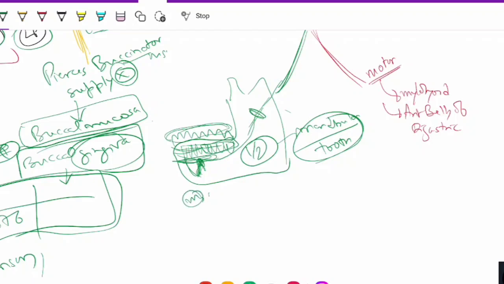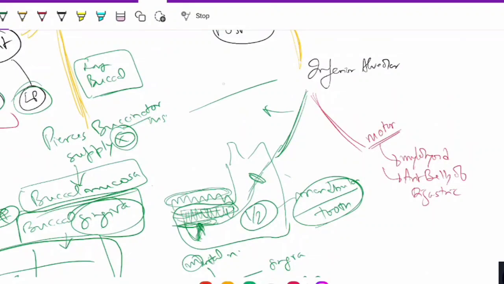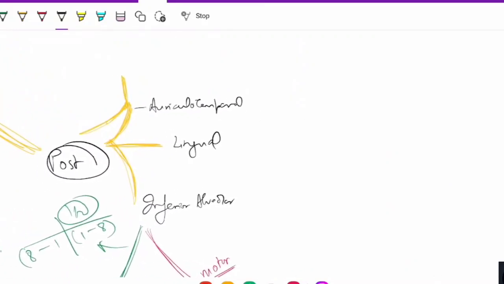So here will be your mental nerve supplying gingiva from 5, 4, 3, 2, 1, along with a nerve known as the incisive nerve. Inferior alveolar supplies the tooth proper of one half. This is your inferior alveolar. Talking about lingual, it supplies one half of the tongue.